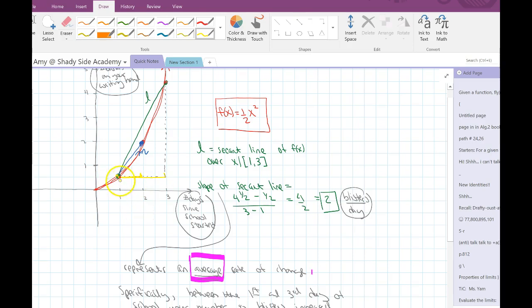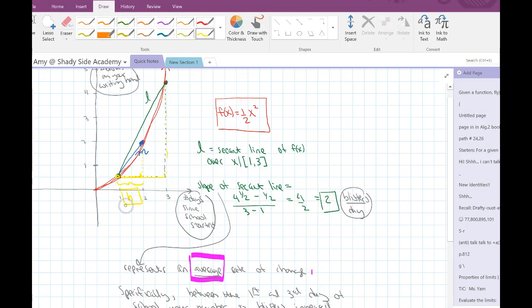In other words, this horizontal distance, the distance from 1 to either point, whether we were looking at this point M or at the end of L, let's just call that distance H.